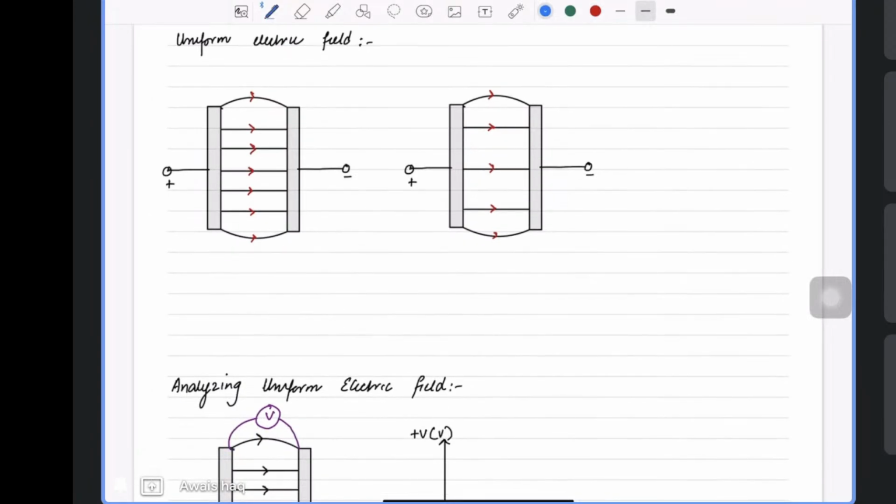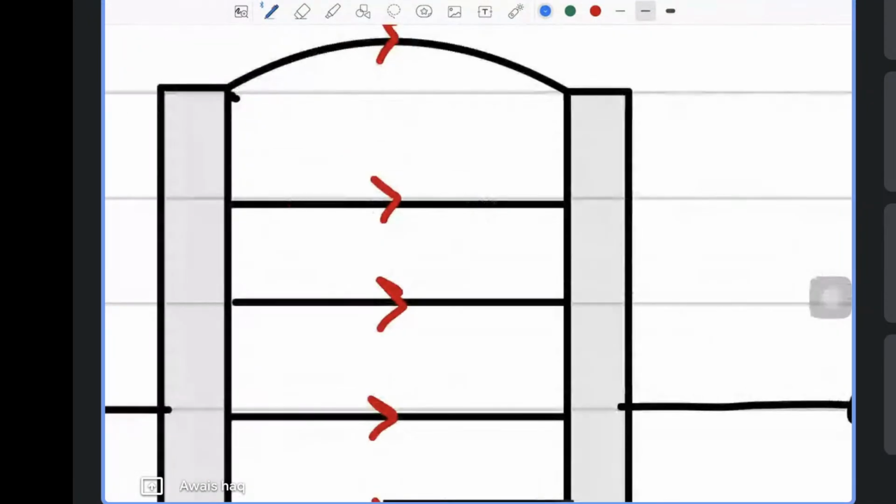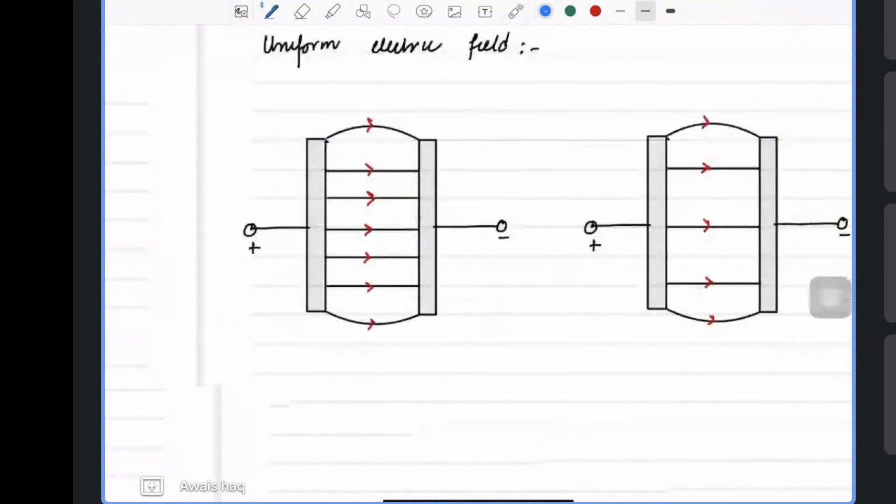So first of all, we should understand that all lines between the plates are straight. So they do not show a curve. It's just at the end, because that's not between the plates, that's just at the edge, that they show a curve, otherwise they're just straight.